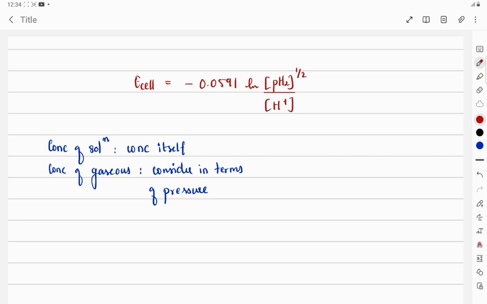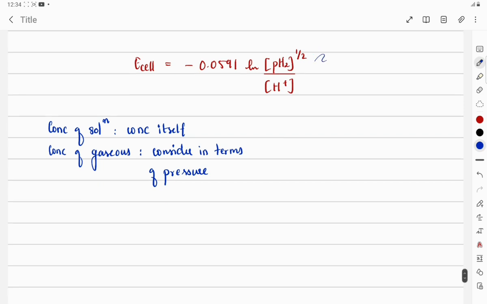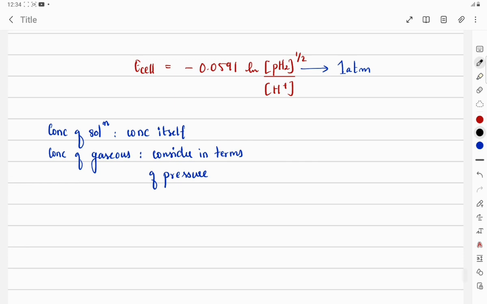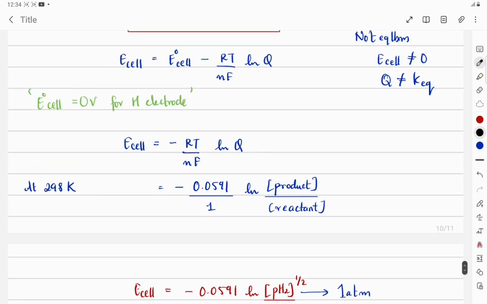Now how do we find pH from this? To find pH, I have to make certain assumptions or corrections here. I need to take that this pressure is always 1 atm, or keep the system such that the pressure at which the hydrogen is being pumped is 1 atm. I hope you remember the system setup for a hydrogen electrode.